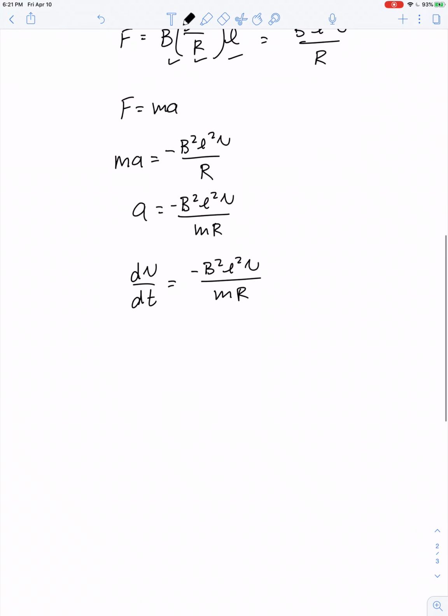Now this is interesting. This is an equation that says the rate of change of velocity is itself proportional to the velocity. So I could express this equation one more way.